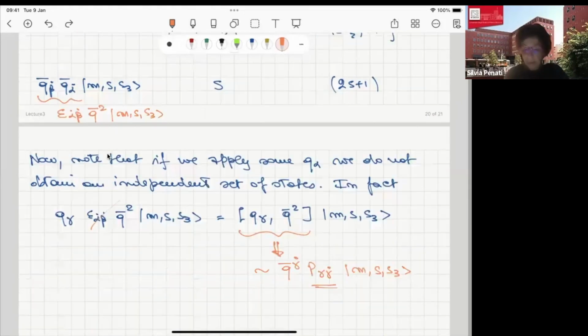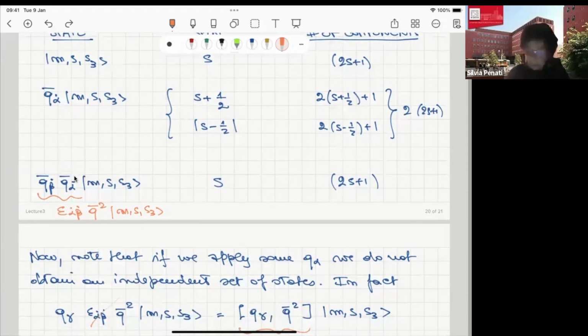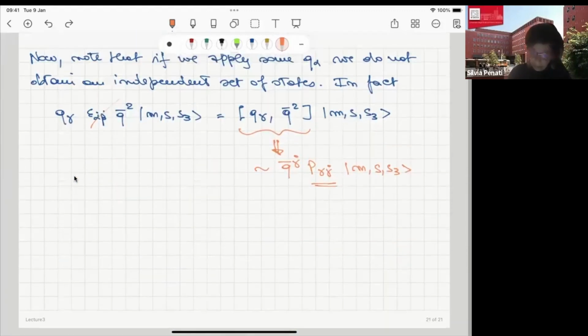Okay, that's why we claim that the set of these states build up a representation of supersymmetry algebra. So let me conclude before answering the question.